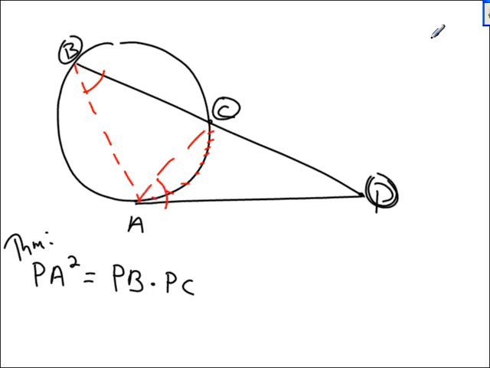So, angle A and angle B equal. And clearly, angle P is in both of the triangles. Again, we're talking about triangle ABP. And I want to show that it's similar to triangle ACP.